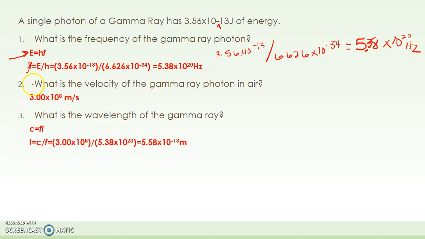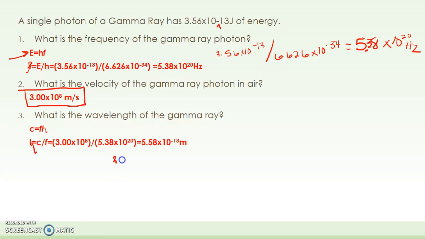And then question number 2 says, what is the velocity of the gamma ray photon in air? Remember that that would be the speed of light. So again, that's just that constant, 3.00 times 10 to the 8th meters per second. And number 3 is asking for the wavelength of the gamma ray. Sorry. I don't know why it always shows up like that.